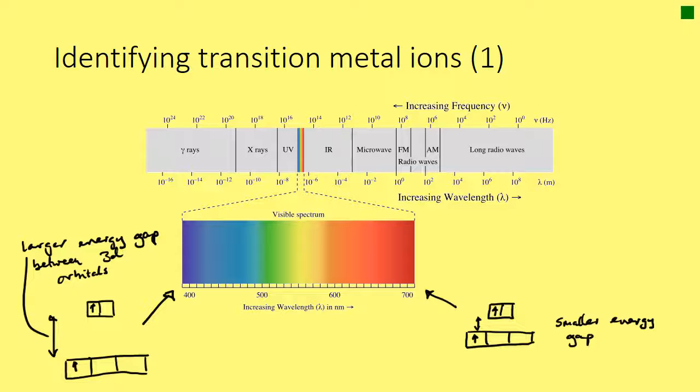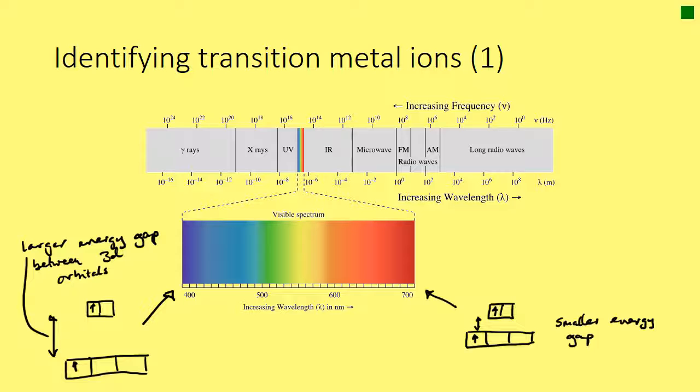In this case, a lower energy photon, i.e. a red photon, is going to be able to promote an electron from one of these orbitals to one of these orbitals, and so it's a red photon that's going to be absorbed in this case, whereas in the first case it would probably be a blue photon that would be absorbed to make the promotion from this orbital to this orbital. Okay, so that's not going to be examined.